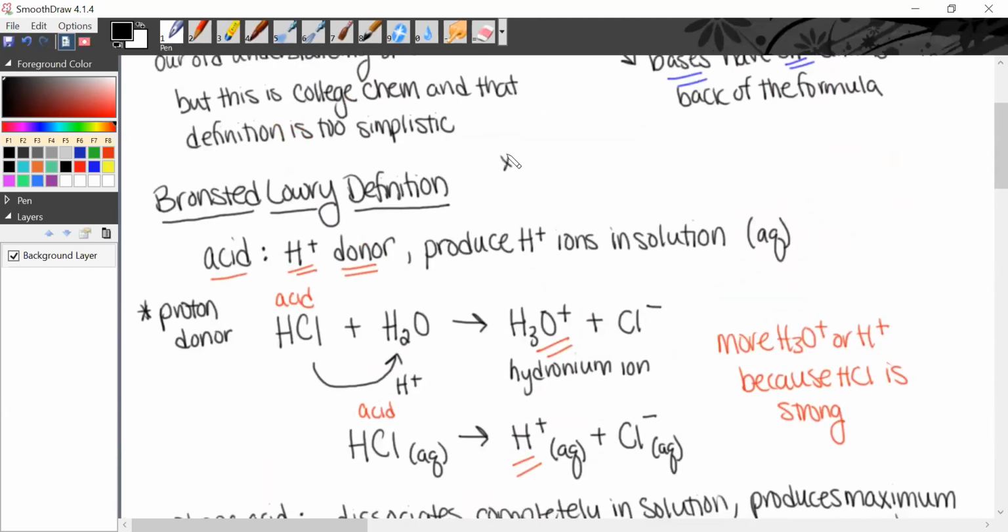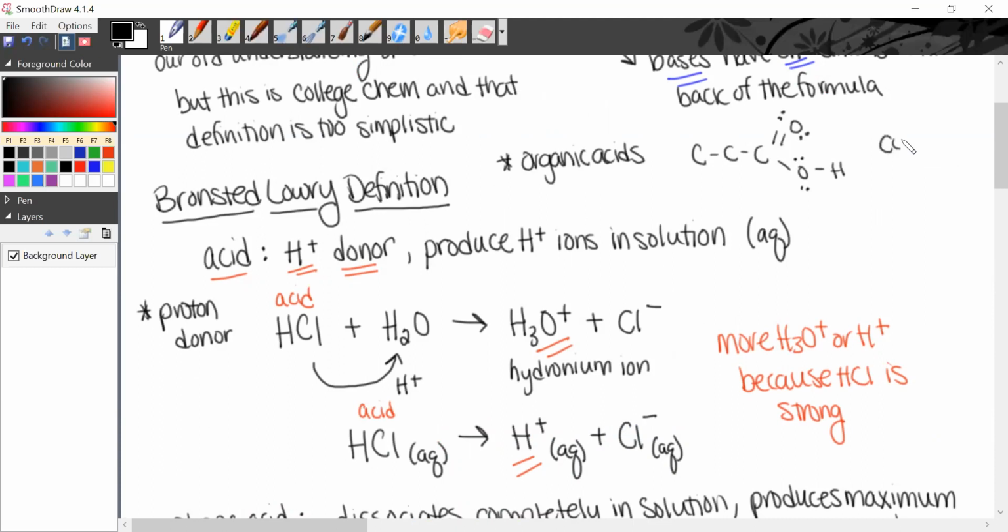Like, don't forget about the organic acids that we learned about earlier in the year, where you've got a carbon chain, so like carbon, carbon, carbon, however many carbons there are. And at the end of that carbon chain, you have a carbon, double bond oxygen, OH group, this COOH group.